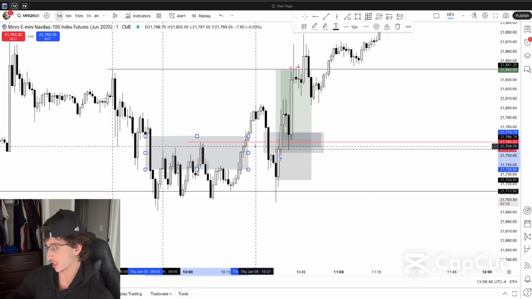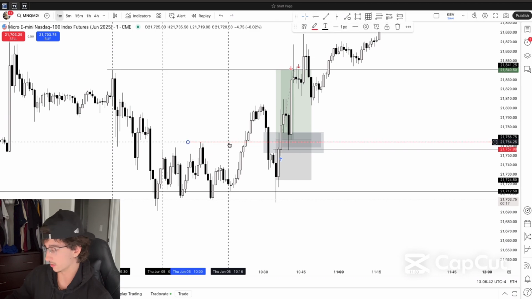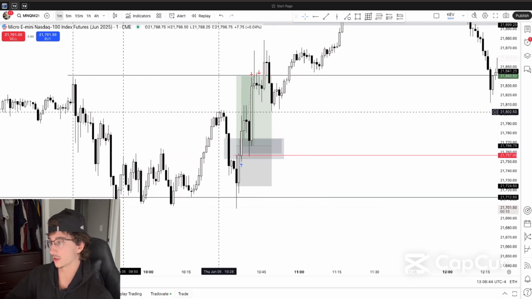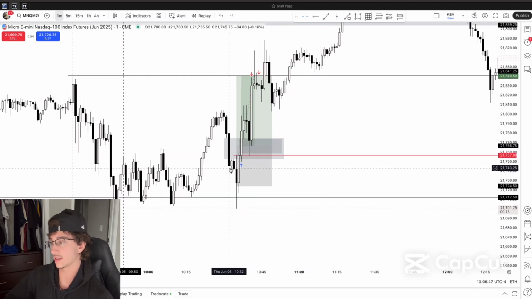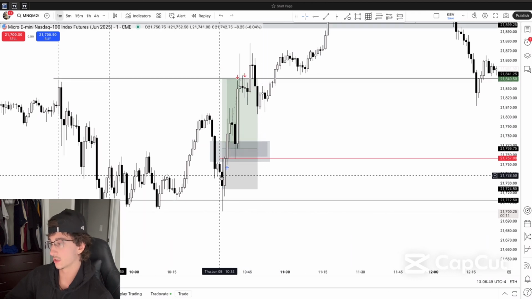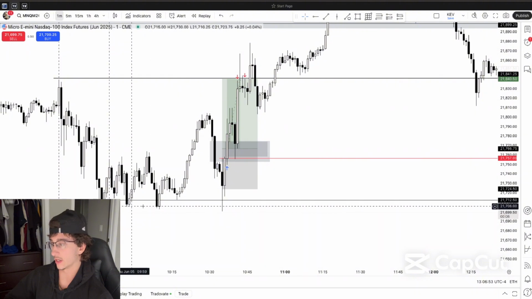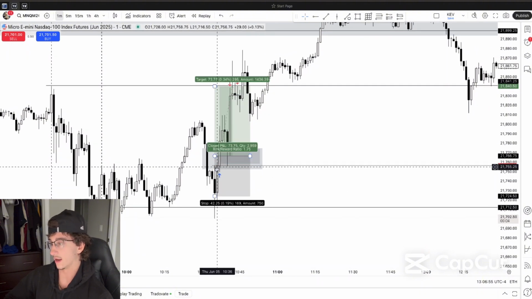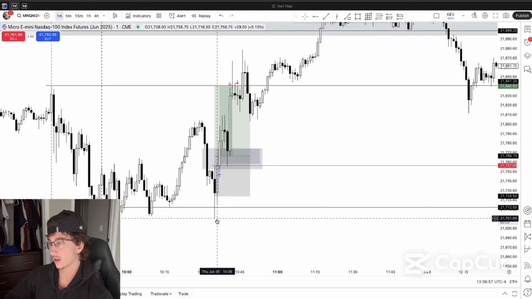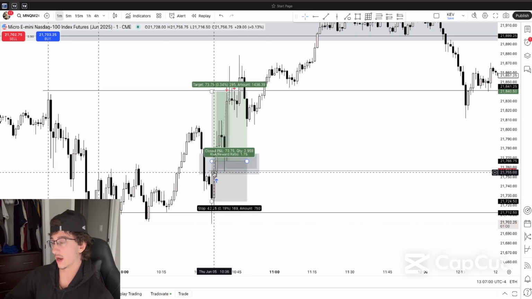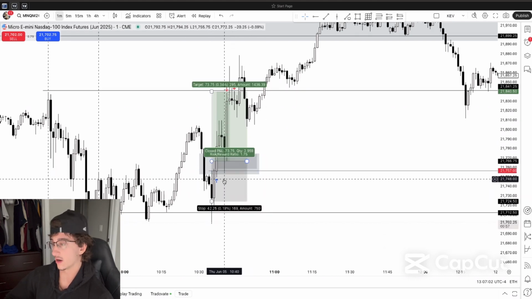Finally, we inversed it, got rid of that 5-minute break of structure, and we got that retrace down into the lower time frame equilibrium. Had this crazy move here where we came down, swept out these lows, and then continued higher. After sweeping out those lows and continuing higher, that's where I took my entry.